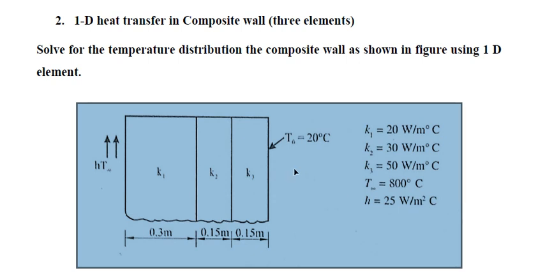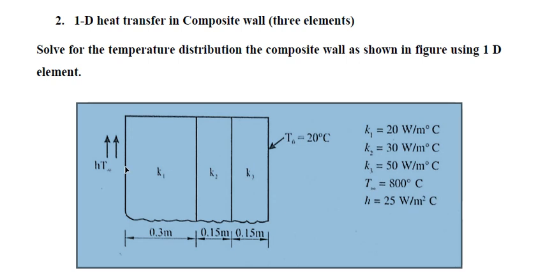Okay, now in the question, T naught, the specified temperature, 20 degrees centigrade is given. Since there are 3 walls, we will take it as 3 elements having node 1.